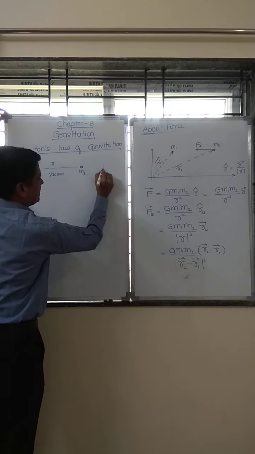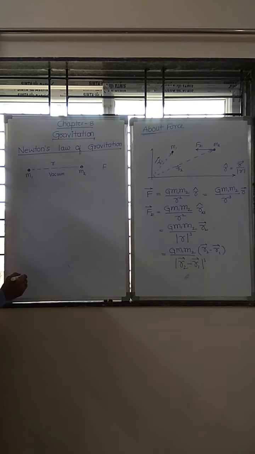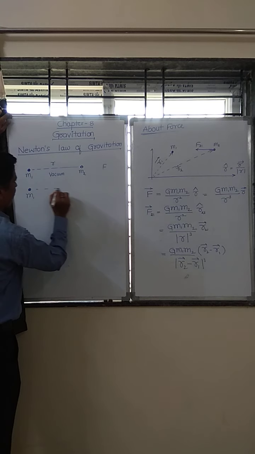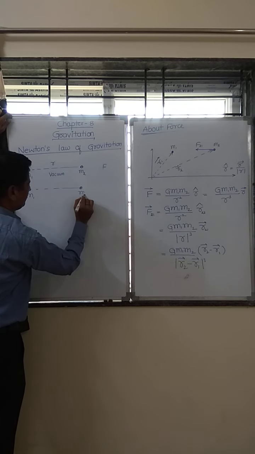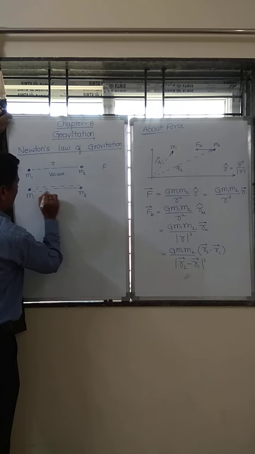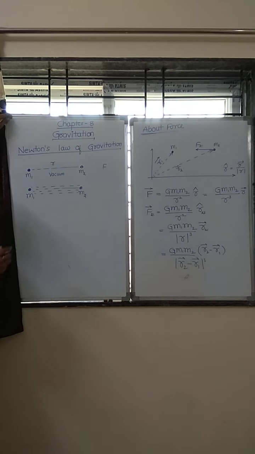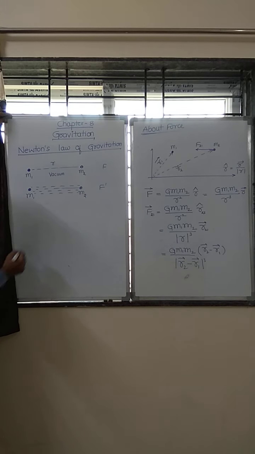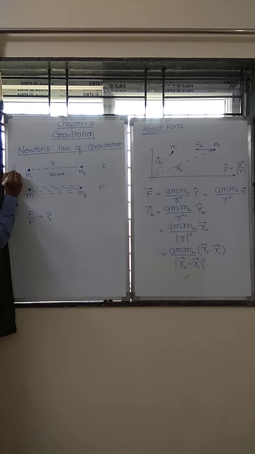The force between them is F. Now between the same two masses m1 and m2, a medium is placed. It may be other than vacuum and air, maybe water or something. Now the force is F dash. The question is, what is the ratio F by F dash? It is my example number 1.